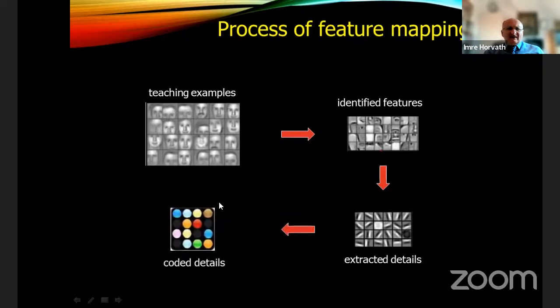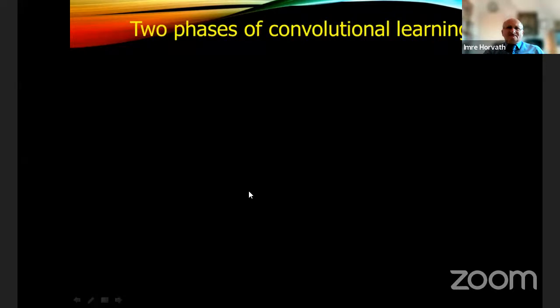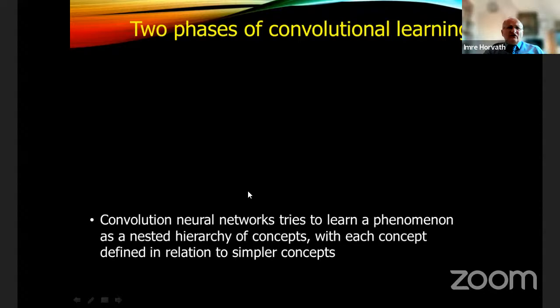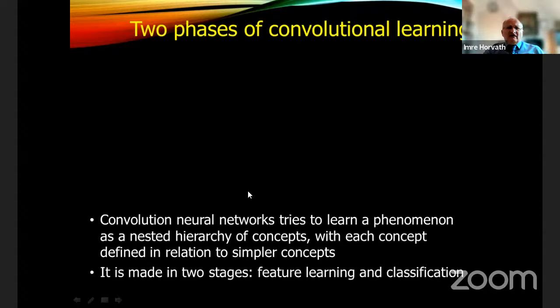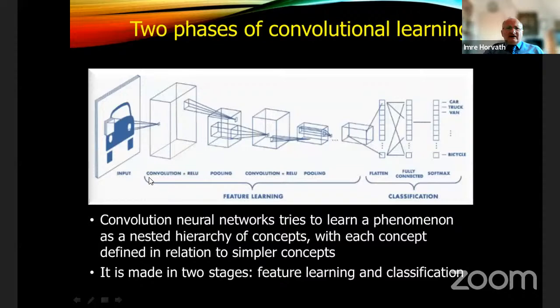And then there is a kind of coded structure produced, which is actually the kind of solution based on the teaching examples. Convolutional learning works in 2 phases, and this has been already shown by the image in the video, that the first part is feature learning and the second part is the classification.